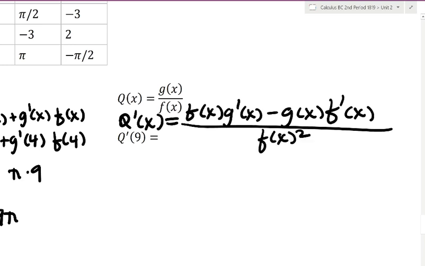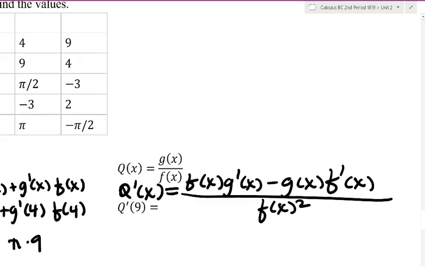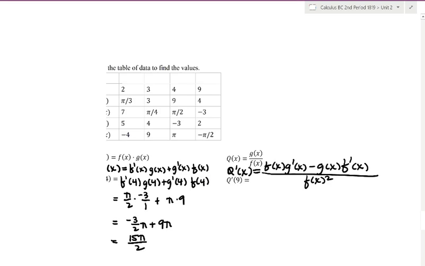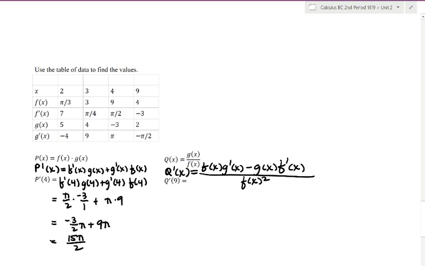Okay, so q prime of 9 is, I'm going to need to get all of this data from the column that has x equals 9. Alright, so q prime of 9 is going to be equal to f of 9 is 4, g prime of 9 is negative pi over 2, minus g of 9 is 2, f prime is negative 3, divided by f of x squared, so that's going to be 16.